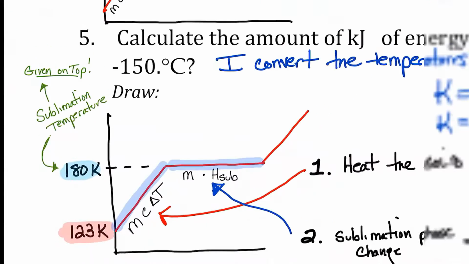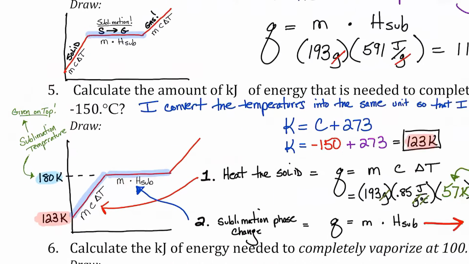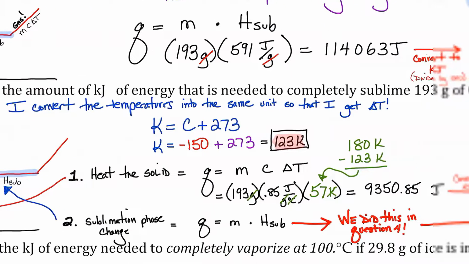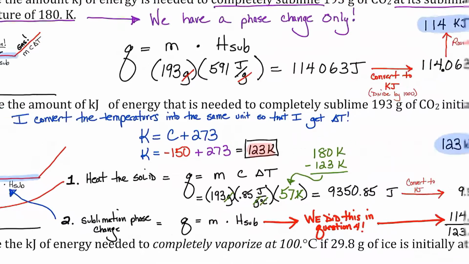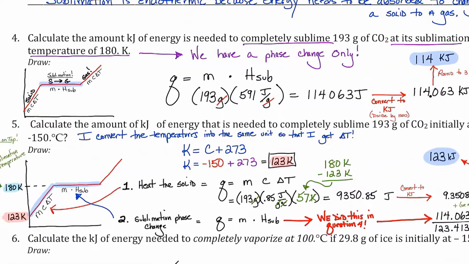Now, in the problem, I need to calculate the amount of kilojoules, make sure you recognize that, that's needed to completely sublime 193 grams of CO2, initially at negative 150. So if you think with me off to the left here, if I'm below the sublimation temperature, I haven't sublimed yet, and this must be the solid phase. We're trying to become a gas, and this is a solid going to the gas.